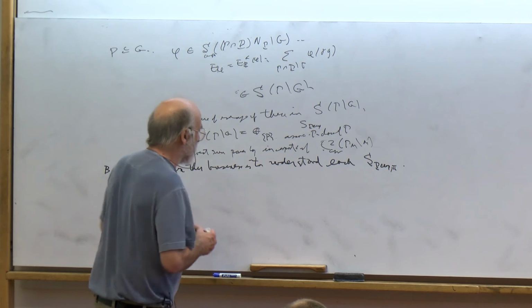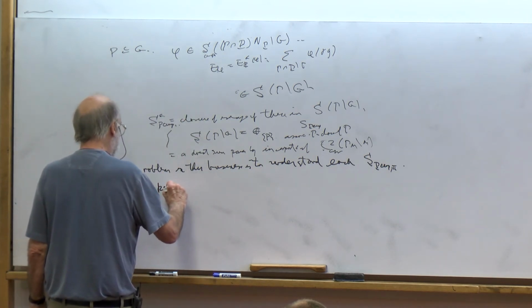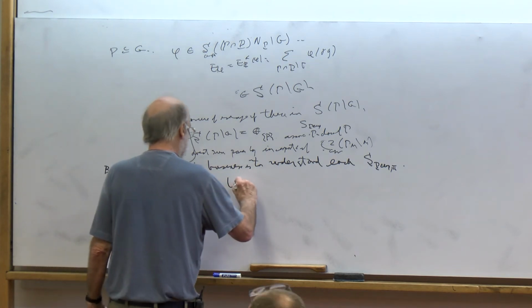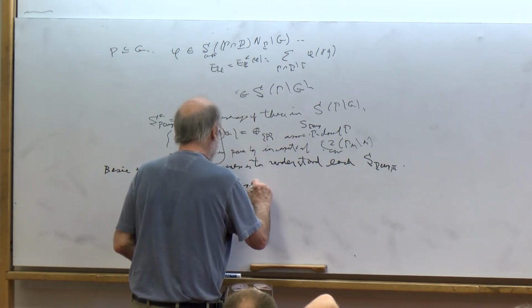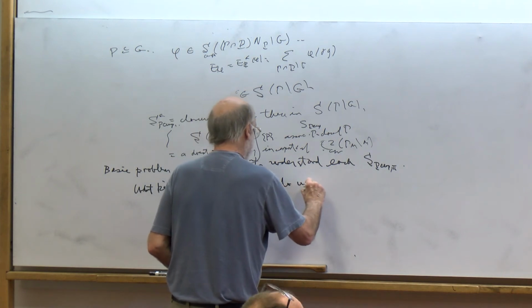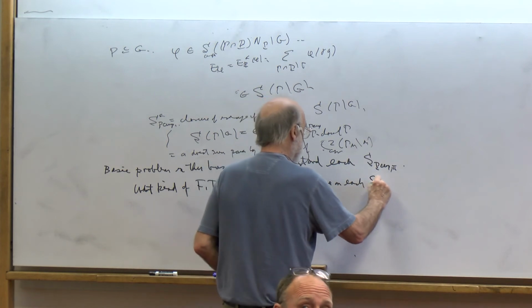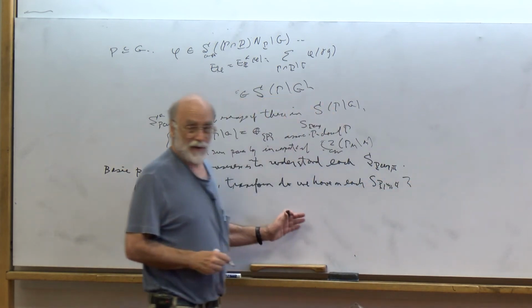So now I ask, what kind of Fourier transform do we have on each S_P cuspidal pi? For example, the trivial one I've already covered.